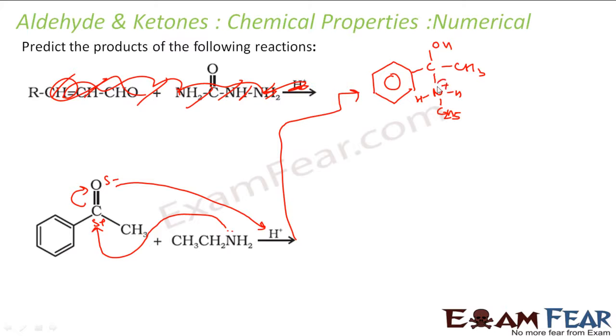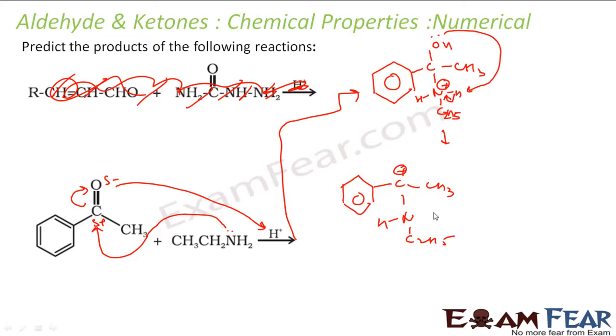And nitrogen with the positive charge, nitrogen won't like positive charge, it'll ask hydrogen to leave. This hydrogen will again go and attack this oxygen. This will become H2O plus, and H2O plus will leave, and this carbon will get a positive charge. This is what I'll get now. Similar to what we have done. Correct. Now this carbon wants to get rid of the positive charge.